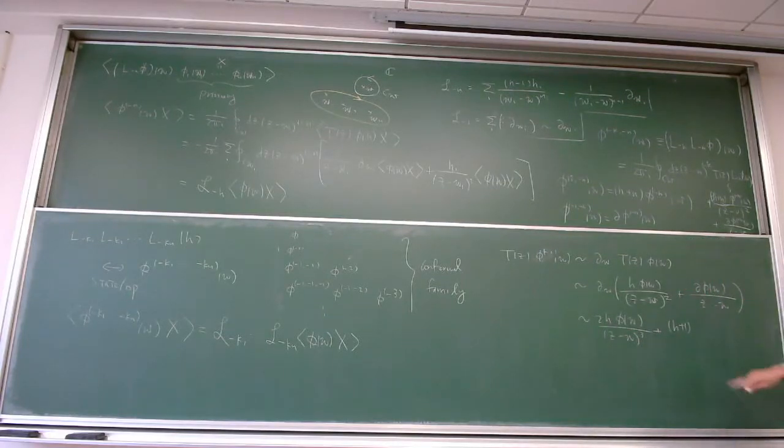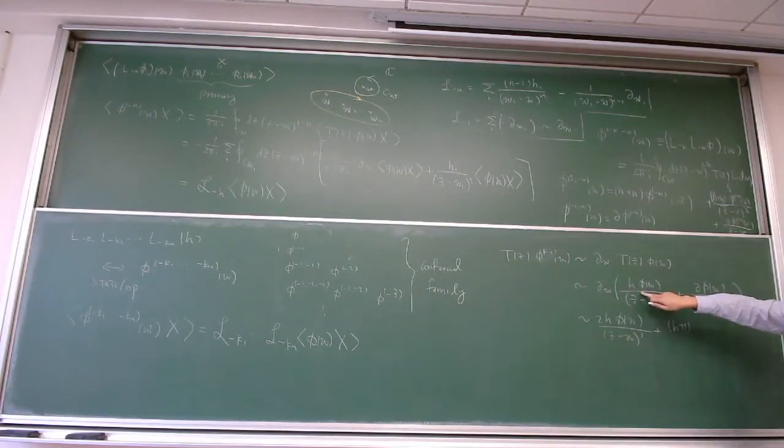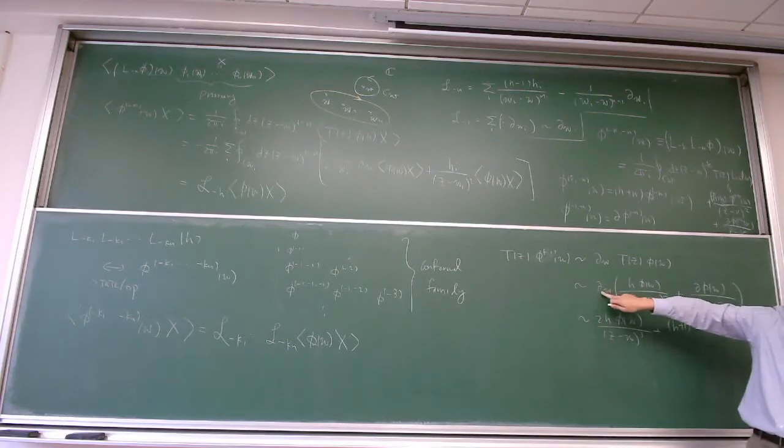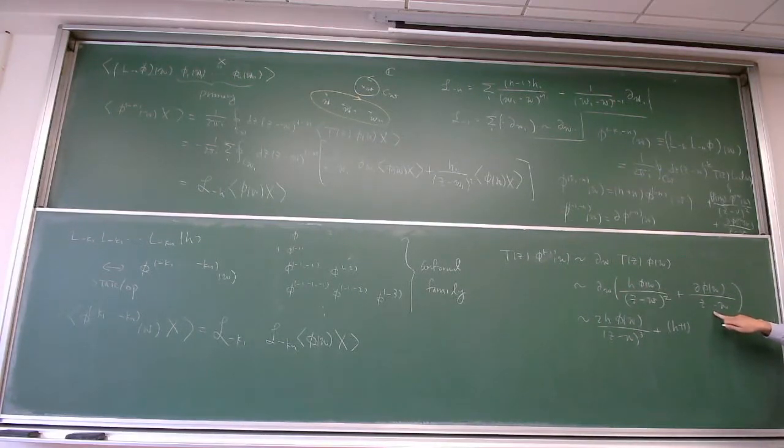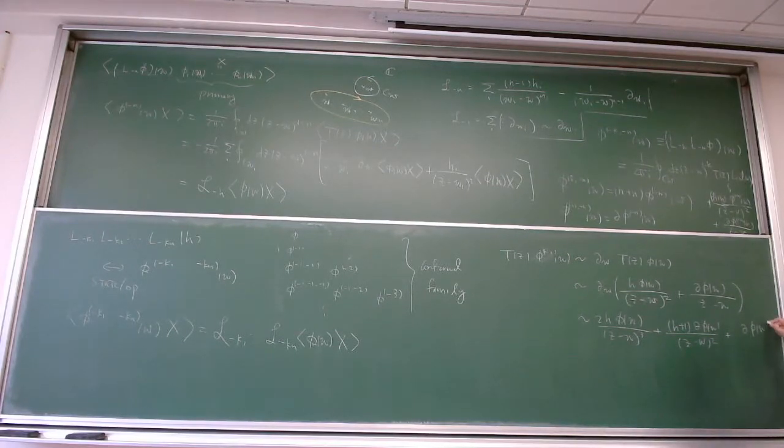So this derivative can act on this phi, but another derivative acts on the factor of Z minus W, and essentially you get (H plus 1) phi(W) over (Z minus W) squared plus the other pieces. So this is the OPE of the descendant.